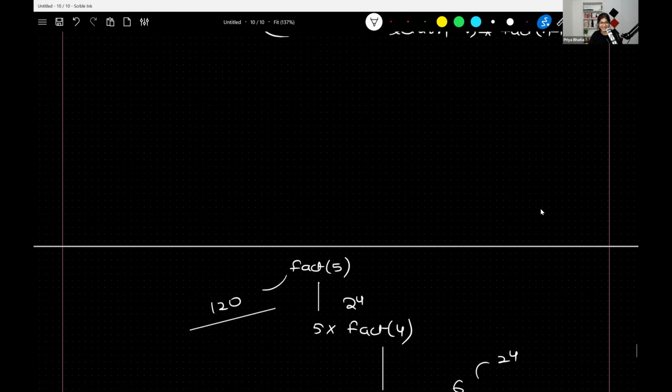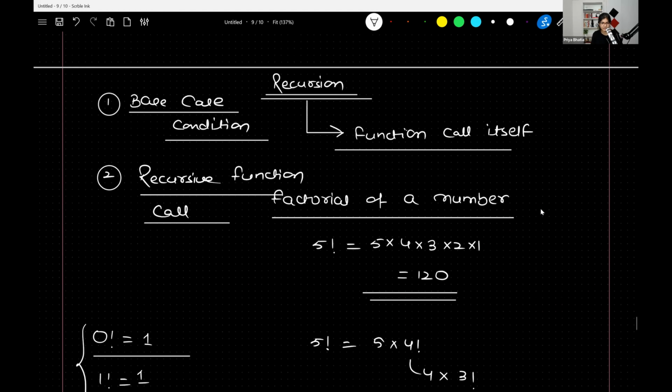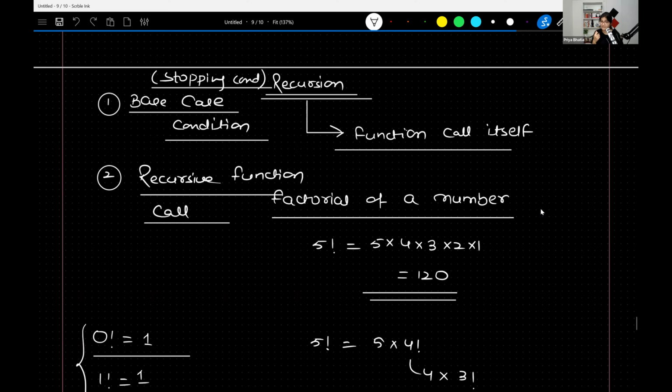So in a way, the base case condition is nothing but a stopping condition where my code will get stopped. And if you do not write a stopping condition or a base case condition in any recursive code, you will be violating a property of an algorithm. What was that property?